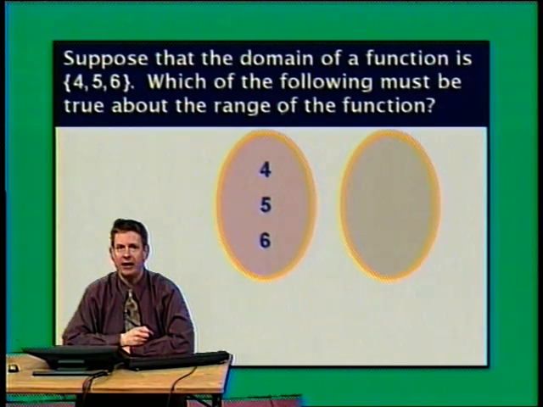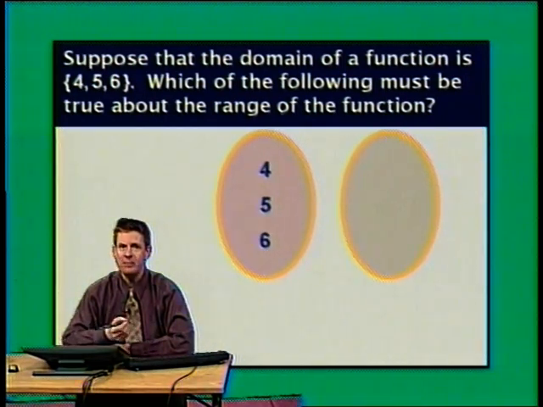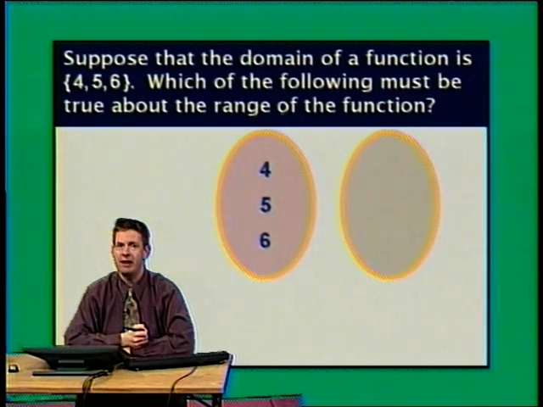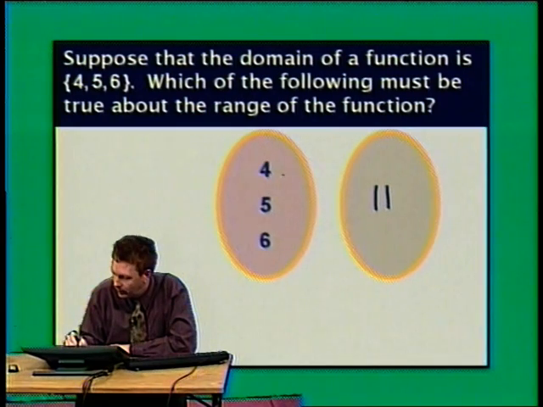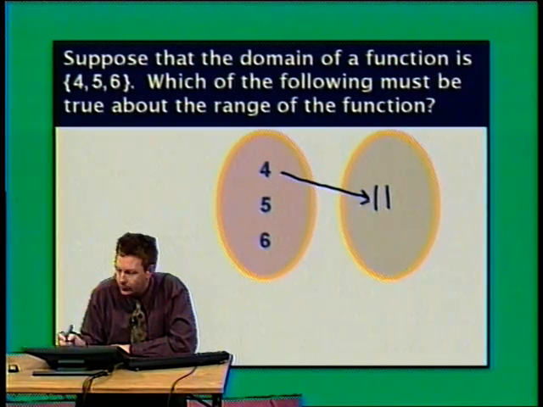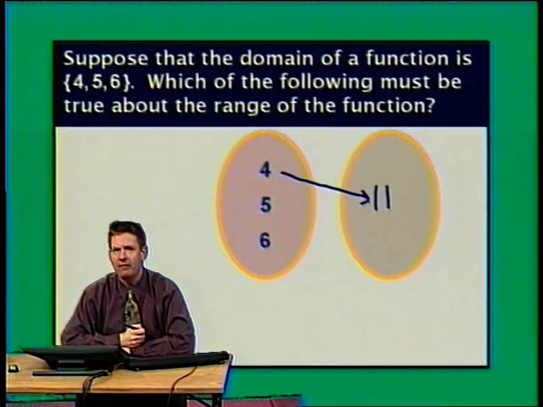So here's our domain on the left, and it has the numbers 4, 5, and 6. Well, if 4 is in the domain, there has to be some number in the range that 4 is mapped to. I'm just going to make a number up, 11. Well, the defining property of a function is that no number in the domain is mapped to 2 or more numbers in the range.